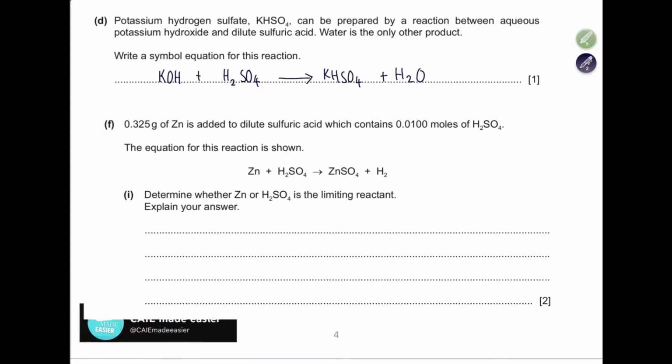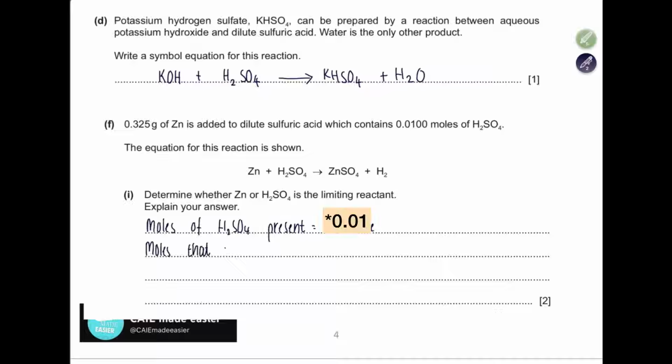We have to see whether the moles of sulfuric acid which are present are more, or the moles which are used in the reaction are more. So moles of H2SO4 present is 0.1 moles.